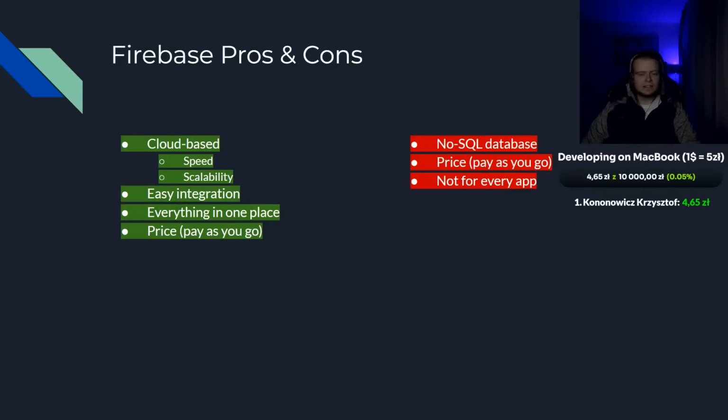So whenever there's bigger traffic in our application, Firebase auto scales our backend so that the speed remains the same and response times are still really low.